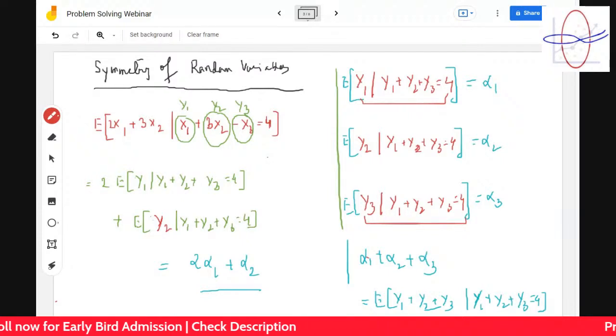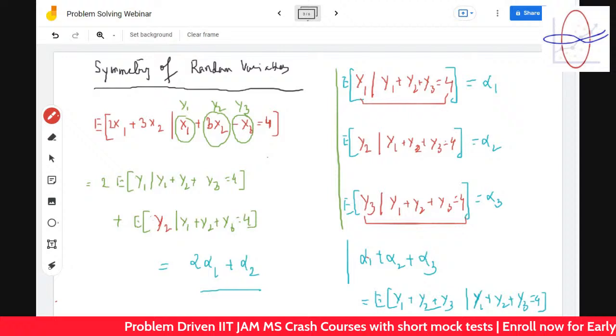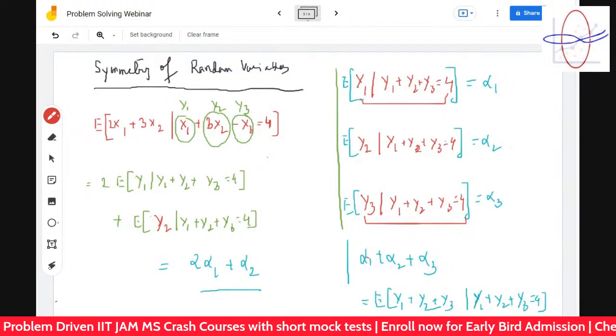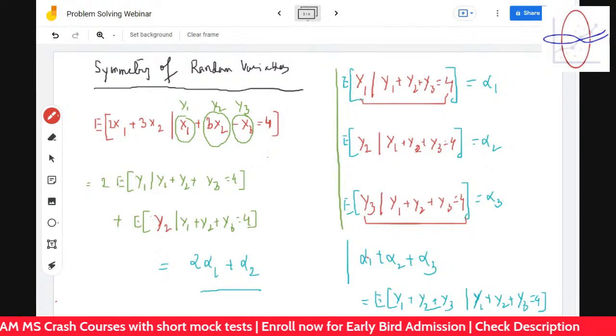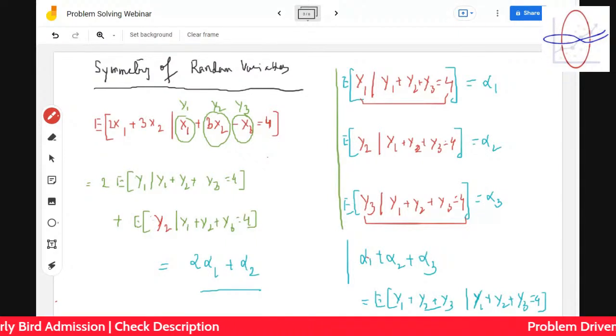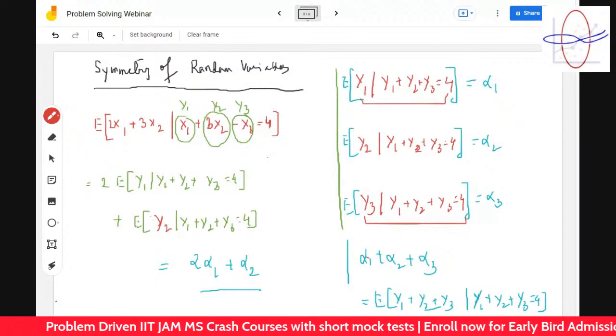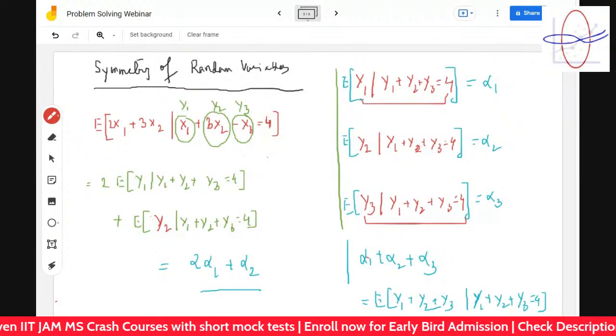I don't know if any working professionals here have done something called Kalman filter, which is a very important idea in machine learning, and these things are developed on the ideas of graphical models. Graphical models are nothing but a graphical way of representing the entire conditional probability and so on. When you visualize that graphically, automatically you can tell these two are independent and these two are similarly distributed.